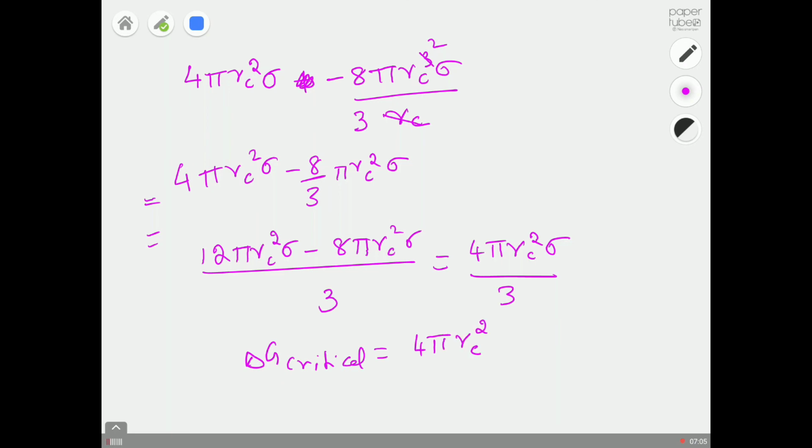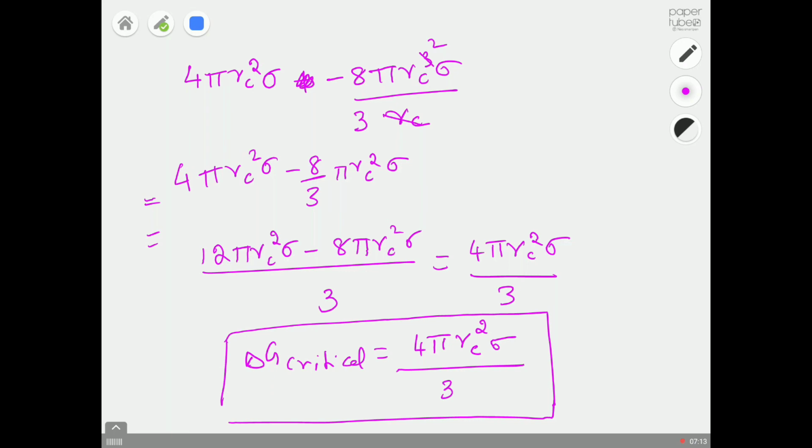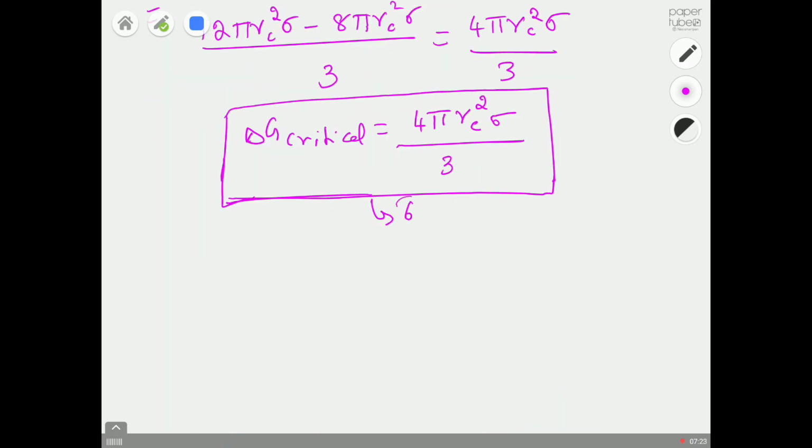That is the amount of free energy that you need in excess to that of your bulk solution to create a stable nuclei, or in order to create a phase change in the solution, like creating a new solid in that solution. Yeah? So hope you all get this one. If you look at this value, RC we cannot measure very easily.